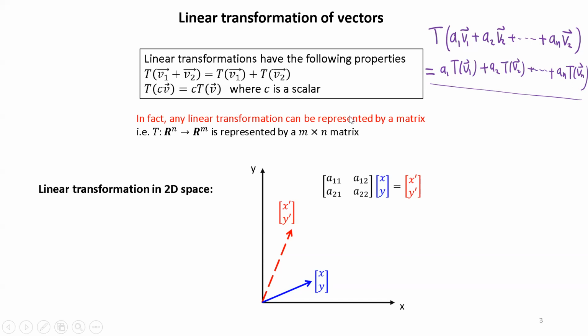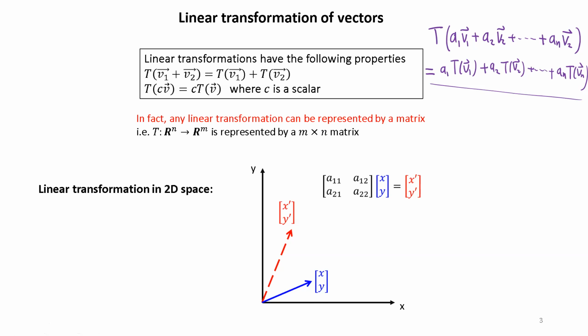In fact, any linear transformation for column vectors can be represented by a matrix, provided that we have already represented our vectors as column vectors.